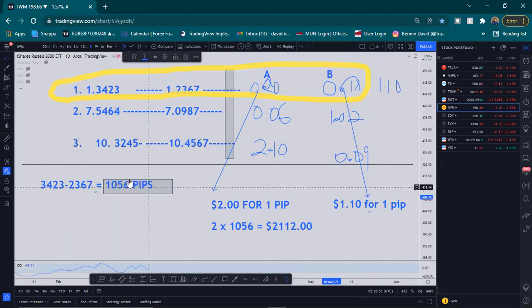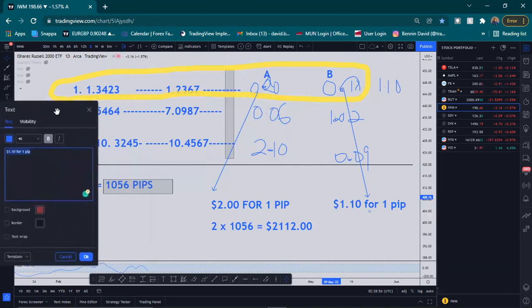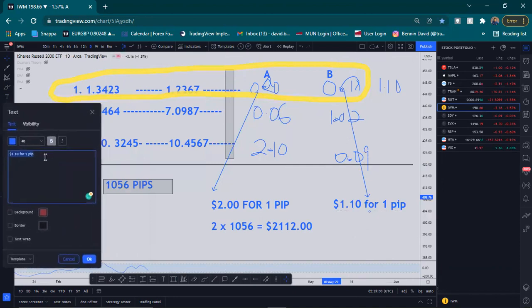And in this trade, how many pips do you make? 1,056 pips. So if one pip is $1.10, for 1,056 pips, how much do we make? 1,056 multiplied by $1.10.